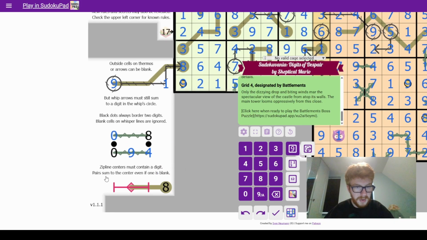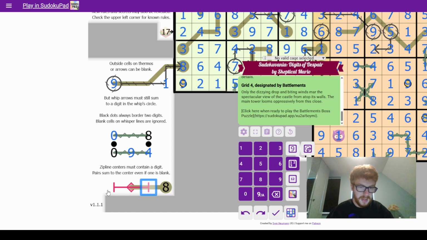Zipline centers must contain a digit. Pair sums to the center even if one is blank. So this has to be higher than 8, right? And then these two have to sum to 9.